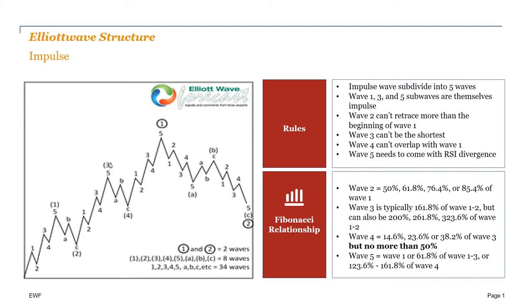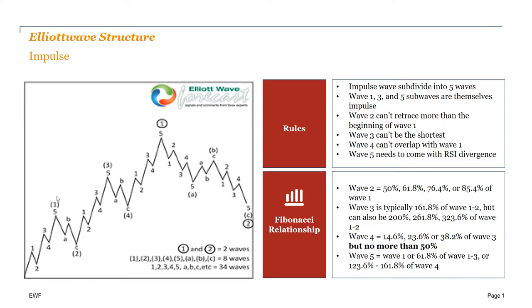Subdivision of wave 3 in the higher degree needs to be in another 5 waves impulse, and subdivision of wave 5 in the bracket needs also to be in 5 waves. So in this particular case, we can say that impulse waves subdivide into 5 waves. Okay, that's the rules.